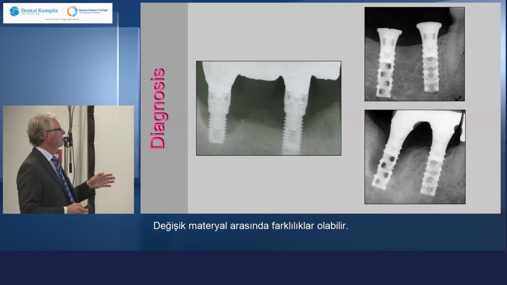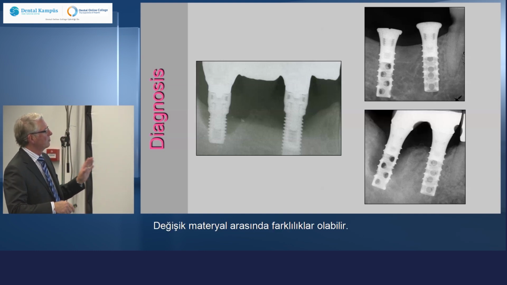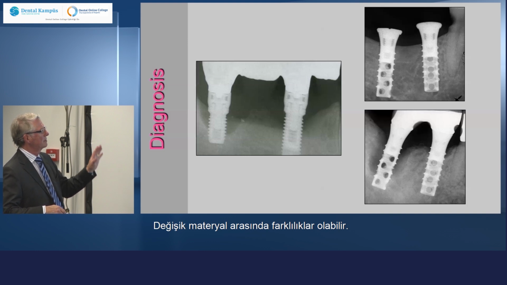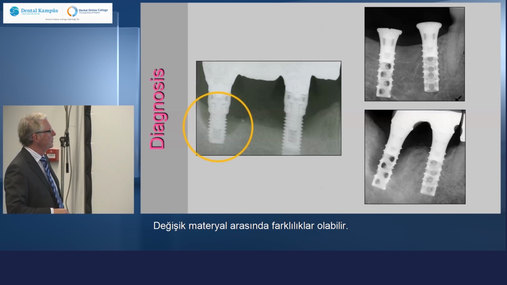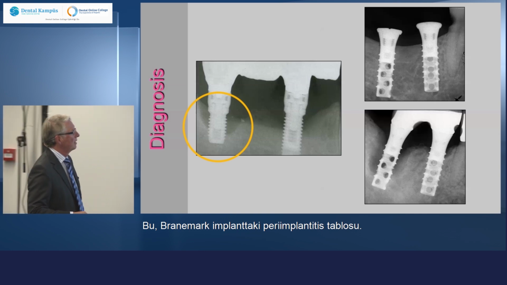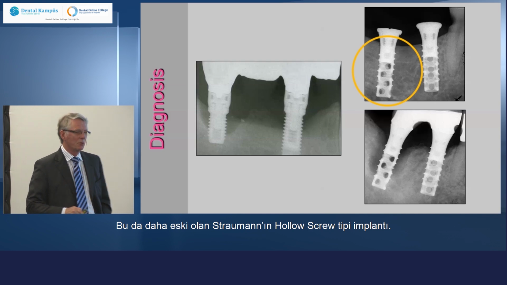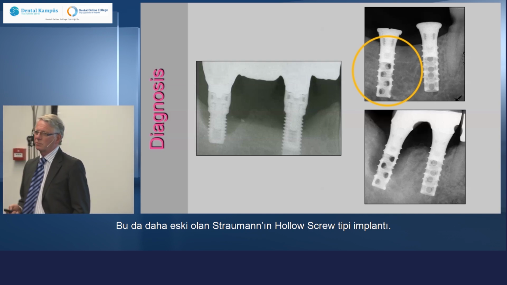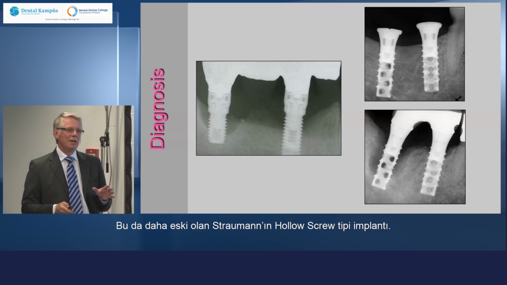There are differences depending on what material is used. This is periimplantitis around a Brånemark implant, while this is around those older hollow screw implants by Straumann.